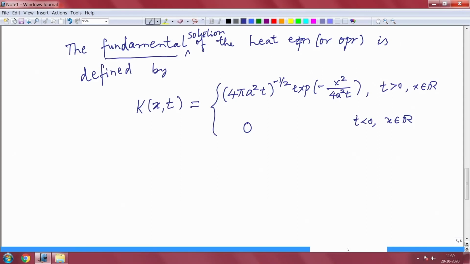So, immediate observations about this k. For t positive, the exponential is infinitely differentiable, also this t to the minus half. So just by looking at the expression, k has a singularity at t equal to 0.